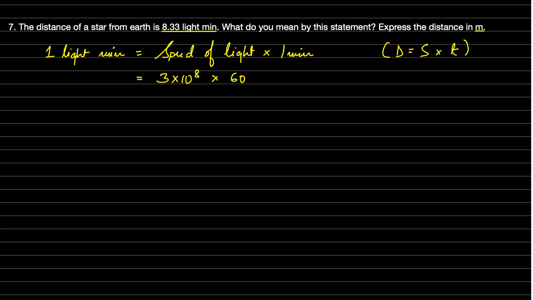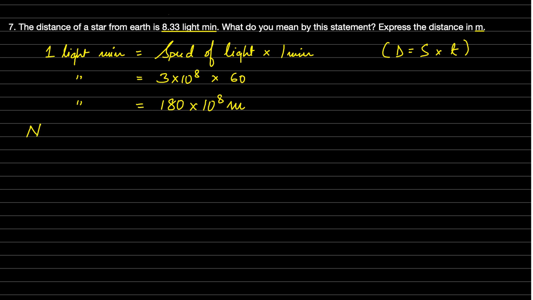So we get 180 into 3 into 60 gives us 180. 6 3s are 18 and another 0, into 10 to the power of 8, and that will be in meters. So this is 1 light minute in meters.